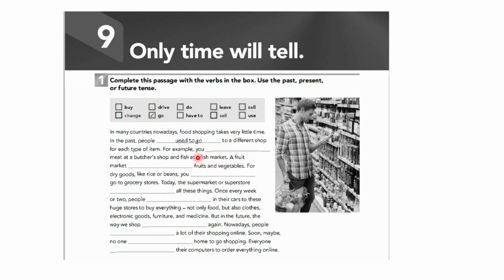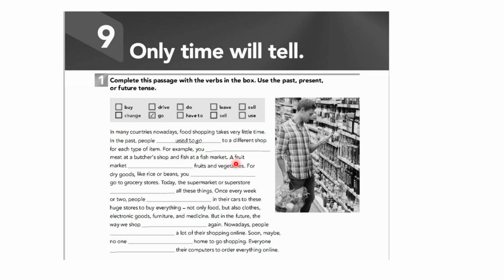So we are describing here the reality of the past, where you have to go to different places to buy different things. Meat at the butcher's shop and fish at the fish market. So we have to identify that we're still talking about the past.